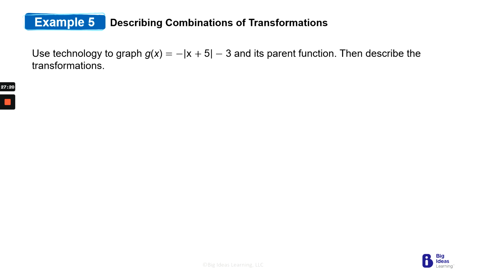Okay. Let's graph the parent function first. What is the parent function for what we're looking at in example 5? It's an absolute value, so I need to put that in here. And you're like, I don't know how to do that. I know. That math button is going to be your favorite button. This guy right here. It's underneath your alpha button, so it should be underneath the green one.